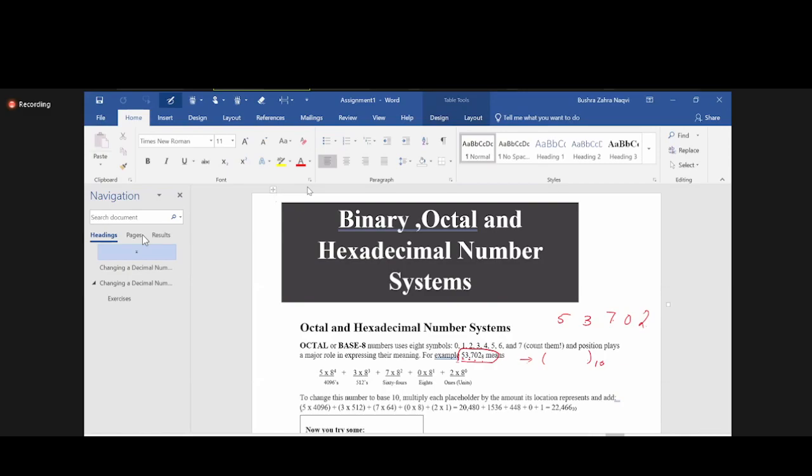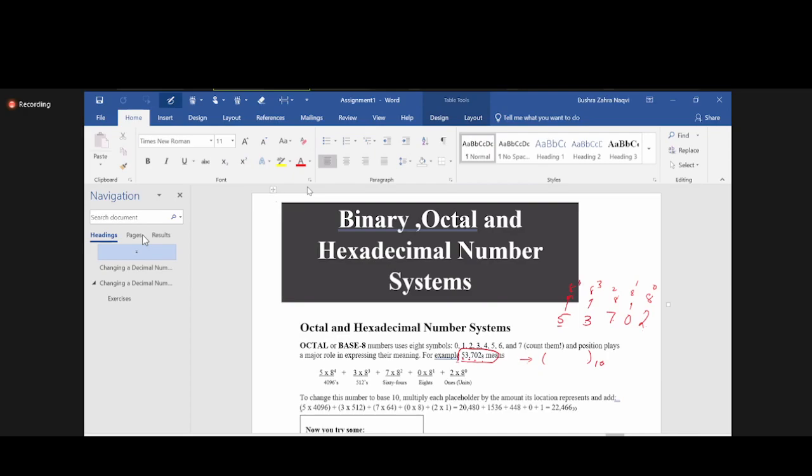So what is the weight for each digit? In octal, it is going to be 8 raised to the power 0, then 8 raised to the power 1, 8 raised to the power 2, 8 raised to the power 3, 8 raised to the power 4. So this is the weight for each digit.